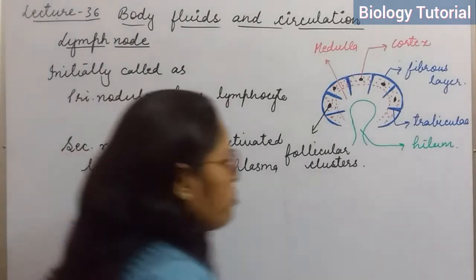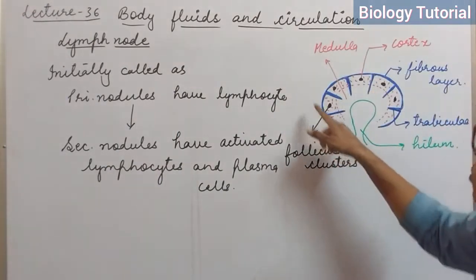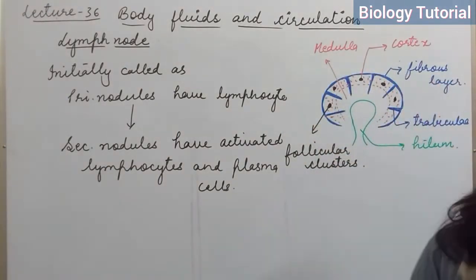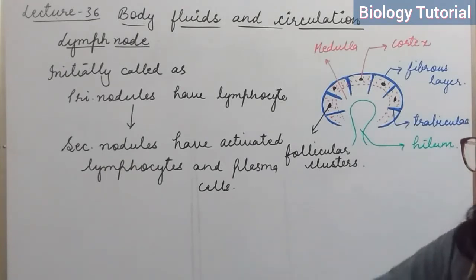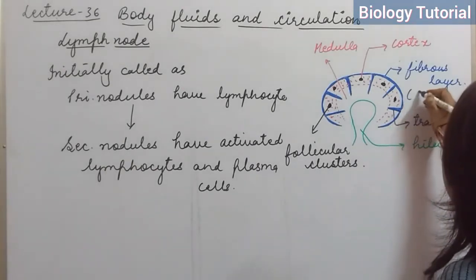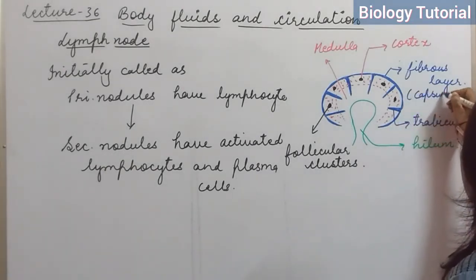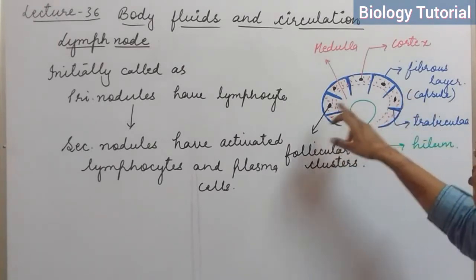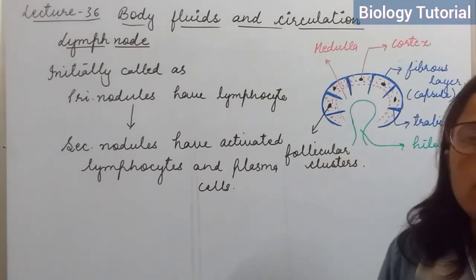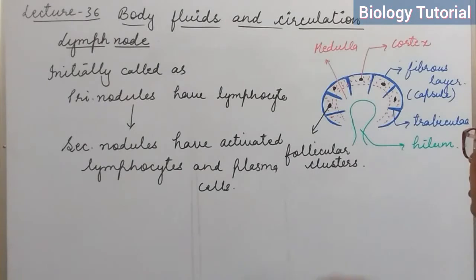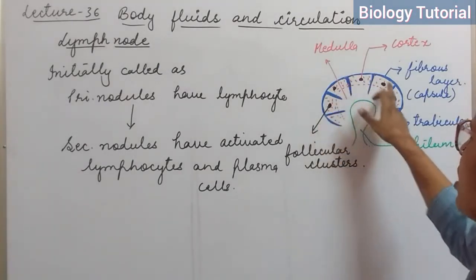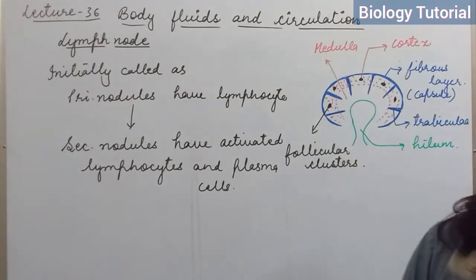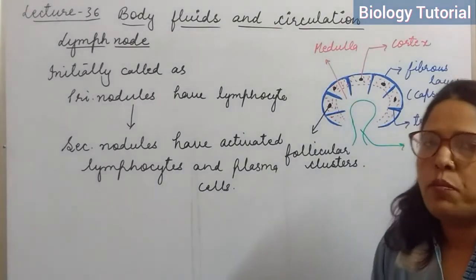Now quickly I am recalling the structure. The outer layer is called the fibrous layer, or the fibrous capsule, basically made up of yellow collagen fibers, and this fibrous capsule is projected inside. This is called trabeculae. This is the hilum, the outer part of the node is called the cortex, and the inner part is called the medulla.